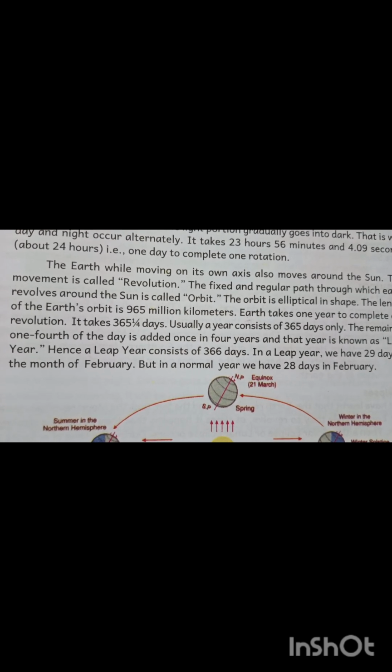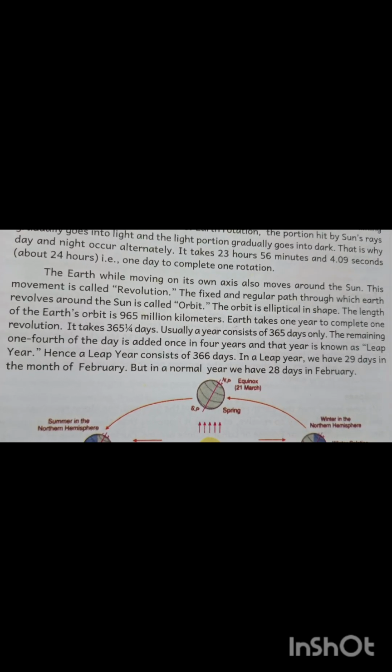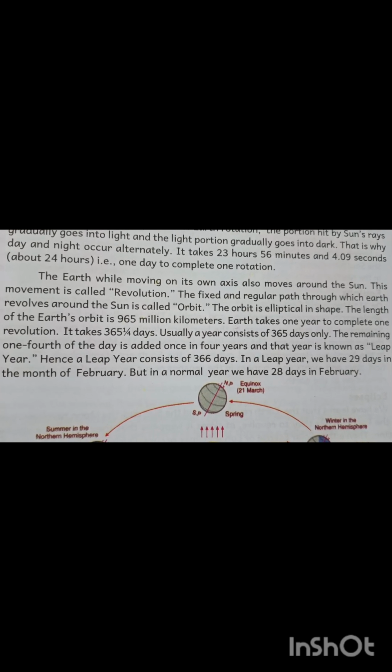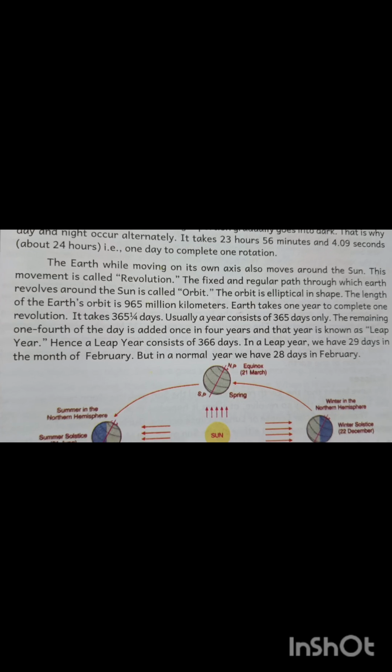Hence, a leap year consists of 366 days. In a leap year, we have 29 days in the month of February, but in a normal year, we have 28 days in February.